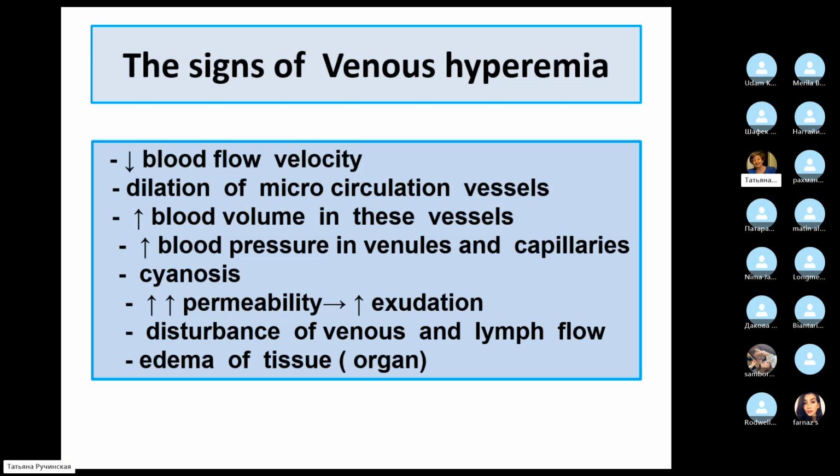It is a bluish color of skin and mucous membrane. Why does it appear? You must understand that the bluish color appears due to increased concentration of reduced hemoglobin.